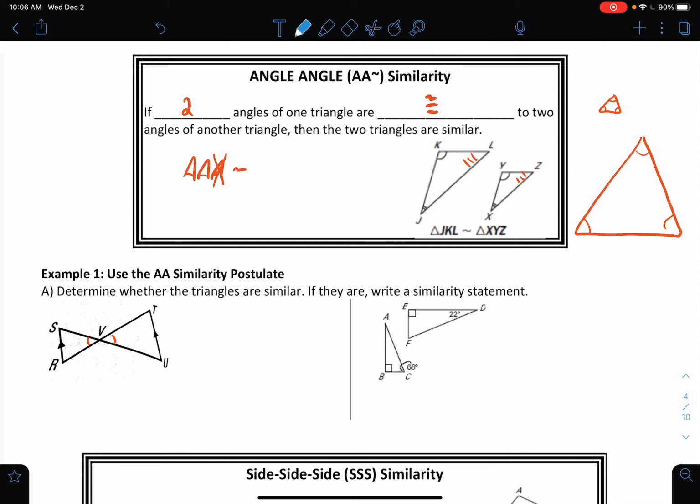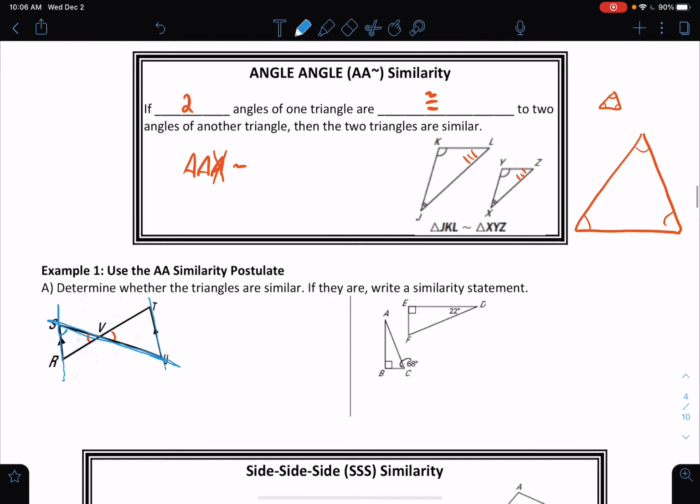If I extend these parallel lines and extend these transversals, you would see that angle S is congruent to angle U. Or for the other parallel lines cut by this transversal, you could see that alternate interior angles, angle T, are congruent to angle R.